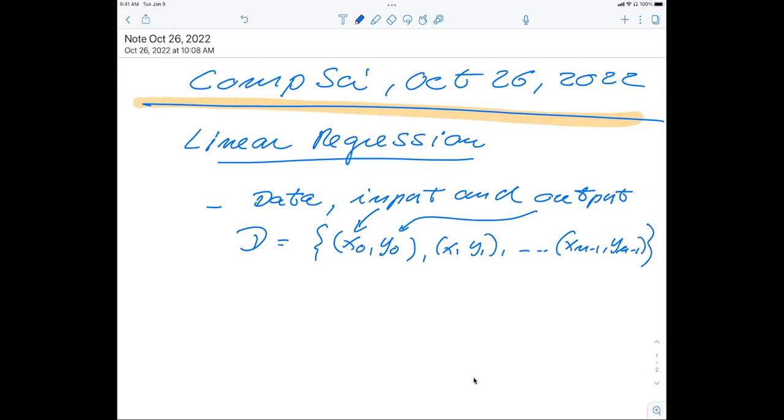Now, I may not specify whether these are vectors or scalars. The x's could be vectors which contain information about different features. Suppose you have a data set like the cancer data set which I mentioned. The output would just be true or false, whether this is a benign tumor or a malignant tumor.